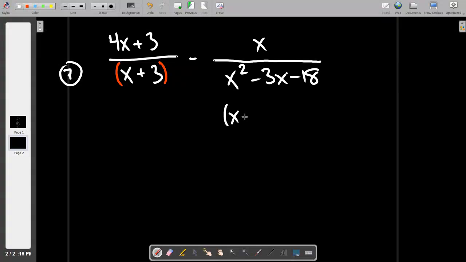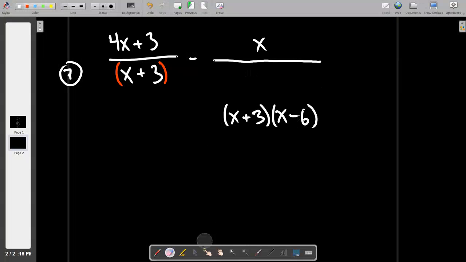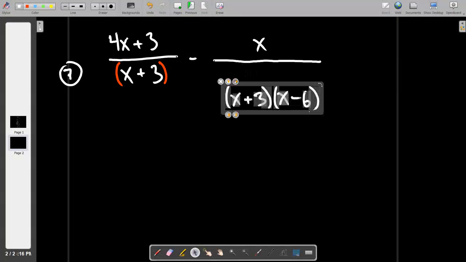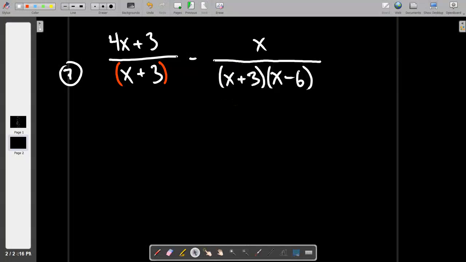x plus 3 times x. Very good. And then I can take out the old denominator, put in the new factored version 2.0, and then it's pretty simple, I hope, to answer the question, what is the common denominator? x minus 6 and x plus 3.